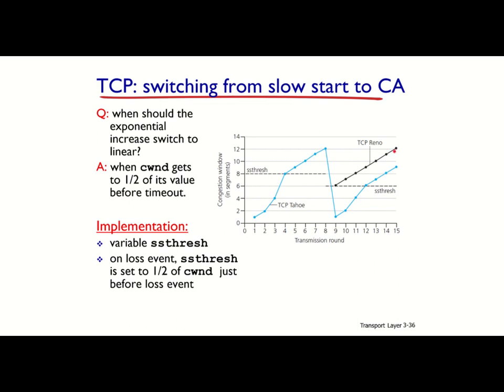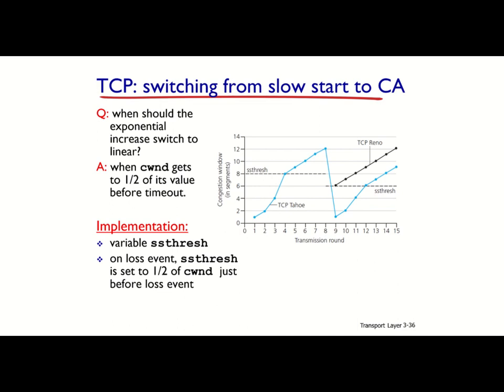However, in the case that we set the congestion window to 1 after the loss, we have to do another slow start until the slow start threshold. So this line would be exponential, and then after that we should have a linear plot.